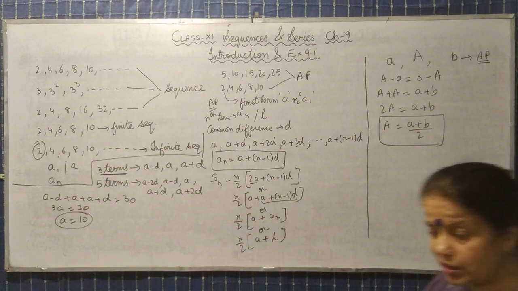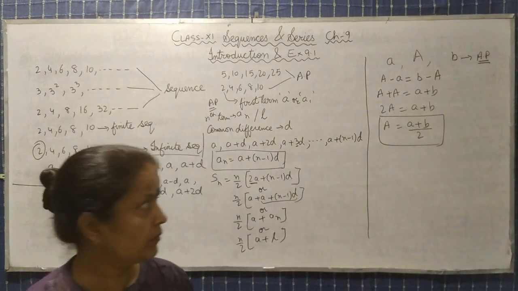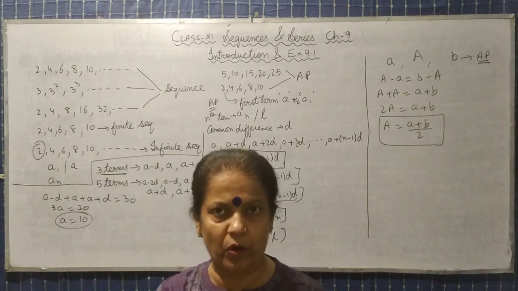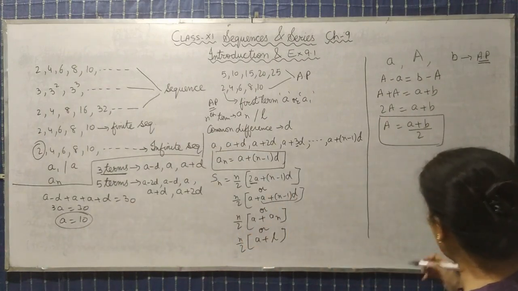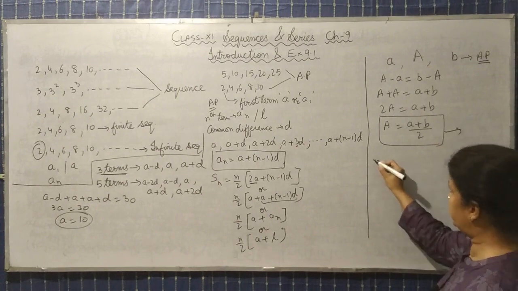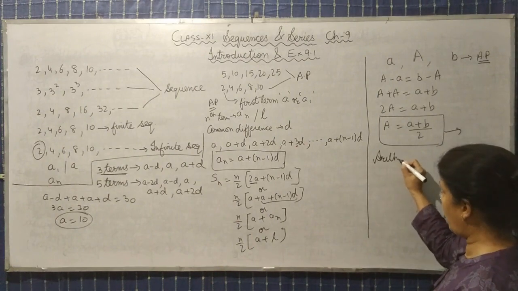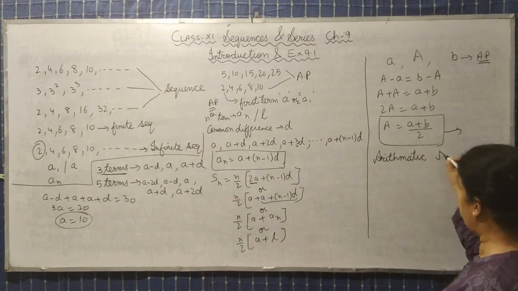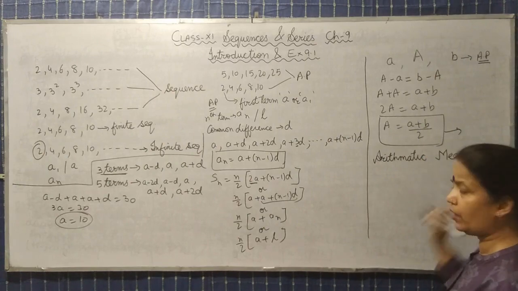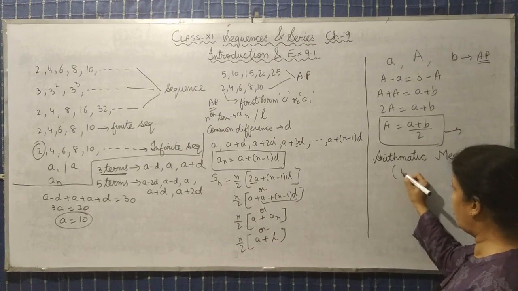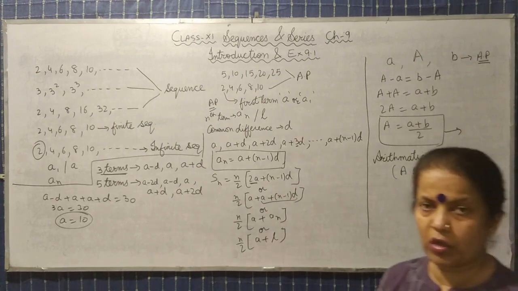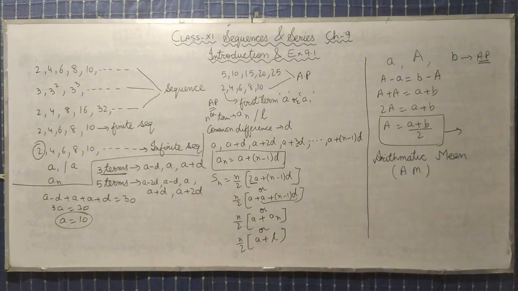So this expression, A equals the sum of 2 terms upon 2, is called the arithmetic mean, normally represented with AM. So a sequence can be finite or infinite.